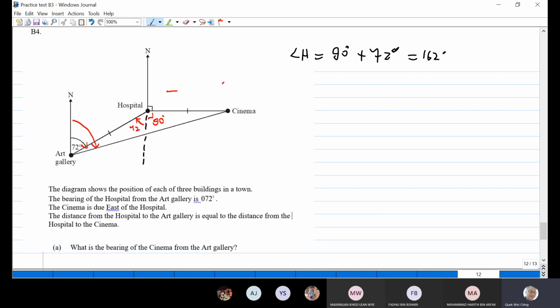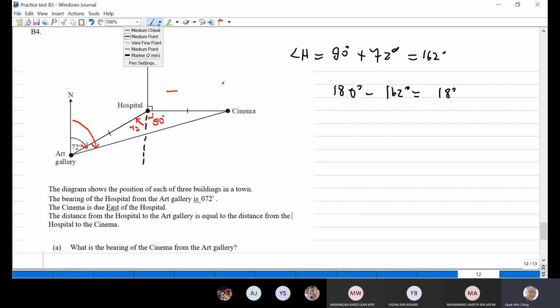Okay, so if you know that 162, then where is the angle at the art gallery now? So take away the rest of the angle. 180 minus 162, you get 18. So this 18 divided by 2, now you know what this angle is.